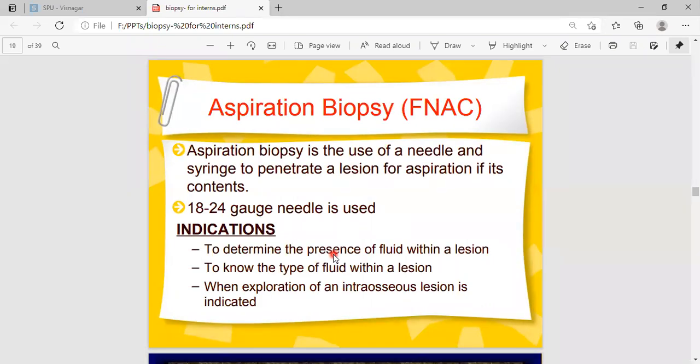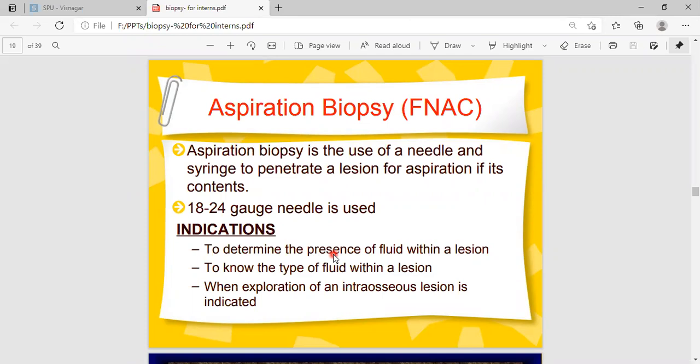Fine needle aspiration cytology, where the aspiration biopsy is the use of a needle and syringe to penetrate the lesion for aspiration. It is usually done most often in cystic lesions of the soft tissues, that is, in neck swellings and so on. It determines the presence of fluid within the lesion.